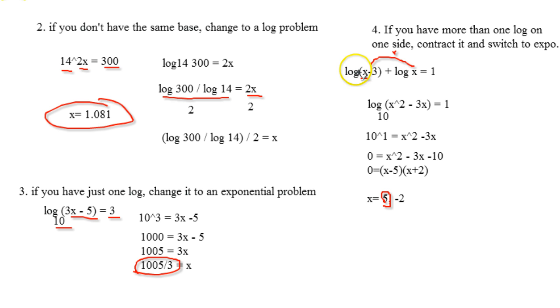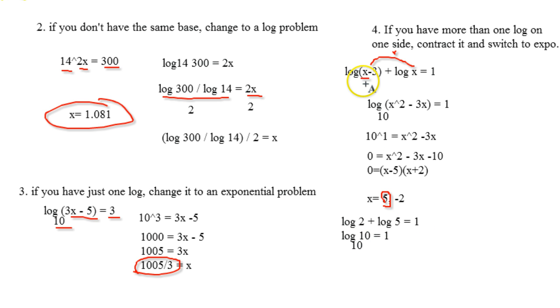If we plug in the 5, we get log of 2 plus the log of 5 equals 1. Okay, now remember, I don't add the 2 and 5. I multiply them. So it becomes log of 10 equals 1. Well, guess what? The base is 10. This number's 10. That's actually a true statement.